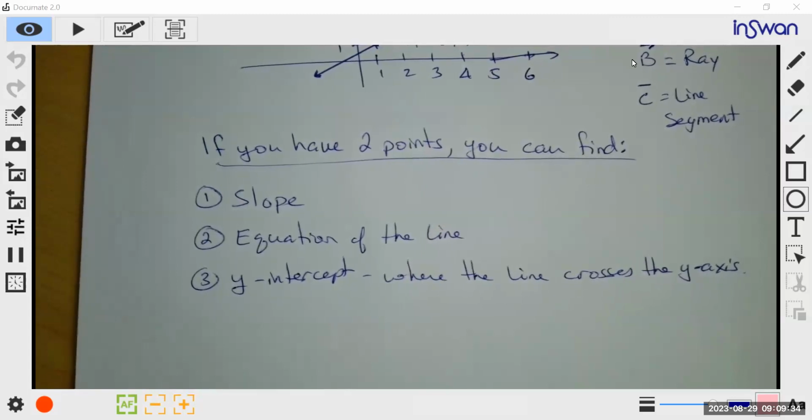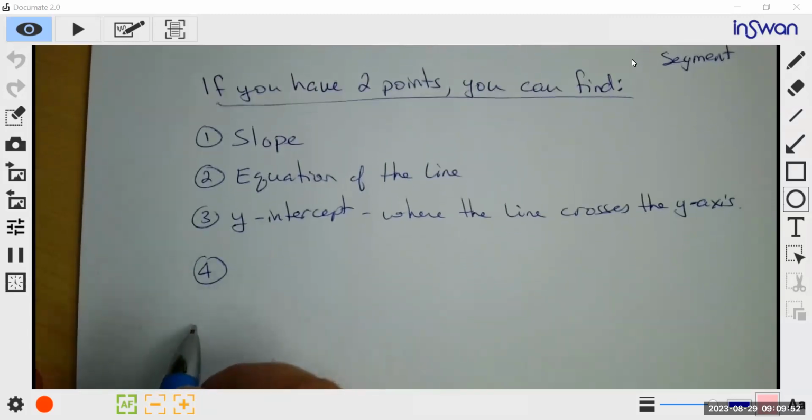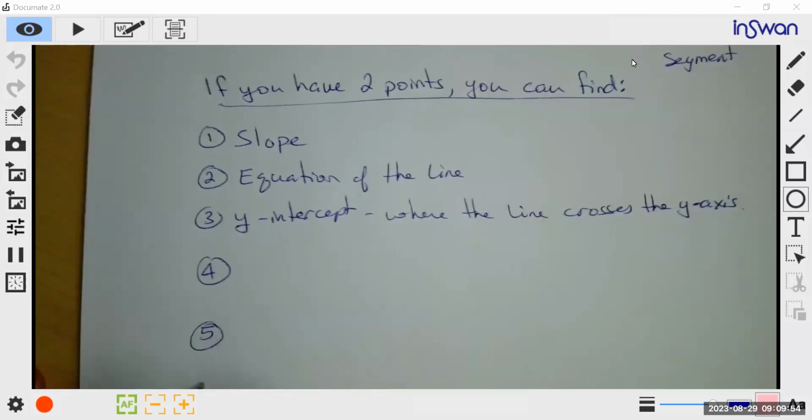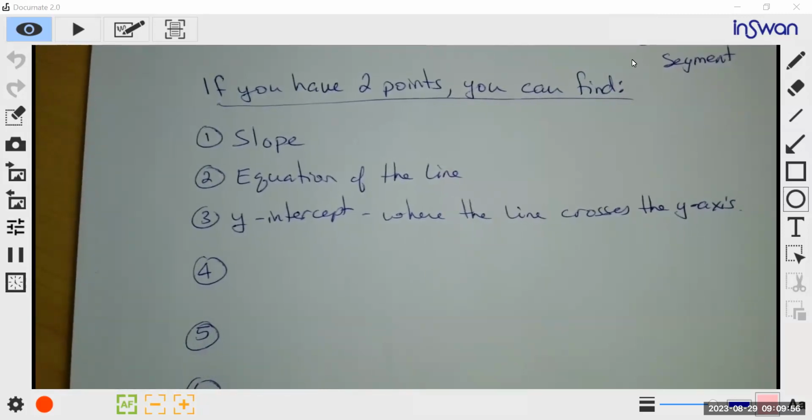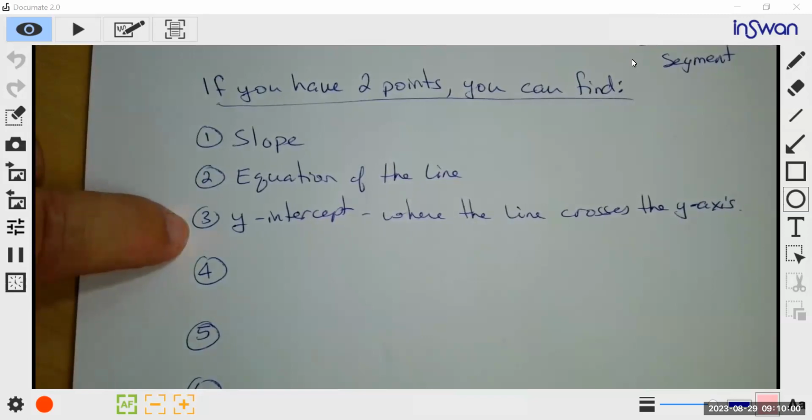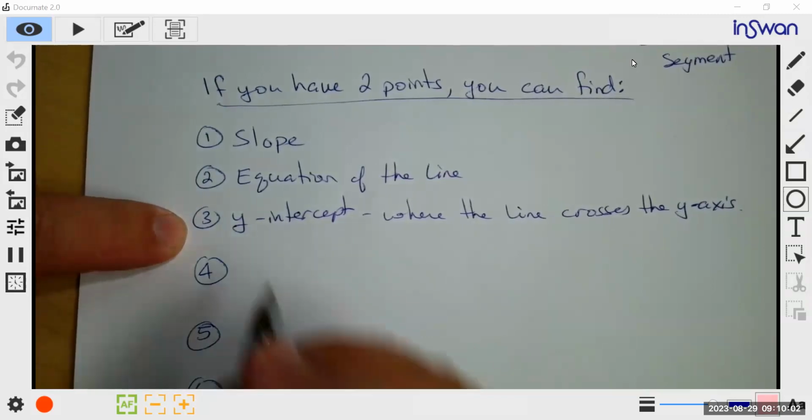Do we always have to have a y-intercept? No. What else can we find? I'll give you a hint. There's 3 left. We found the y-intercept. What other intercepts do we find? We can find the x-intercept.